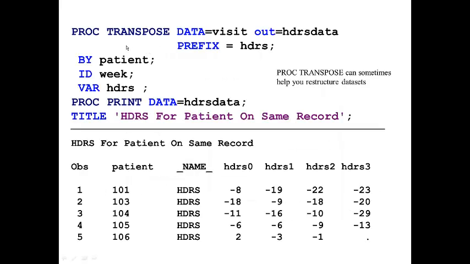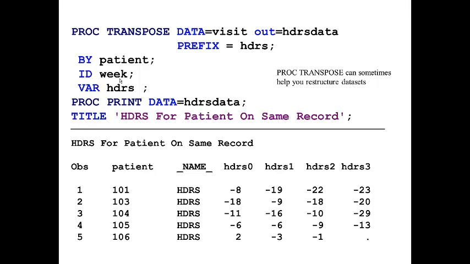So here is some code, this data that deals with the Hamilton Depression Score. And we're interested in transposing this data set, and we're only using the variable Hamilton Depression Score. What we're basically doing is we're taking the variable HDRS and we're concatenating it with the week.